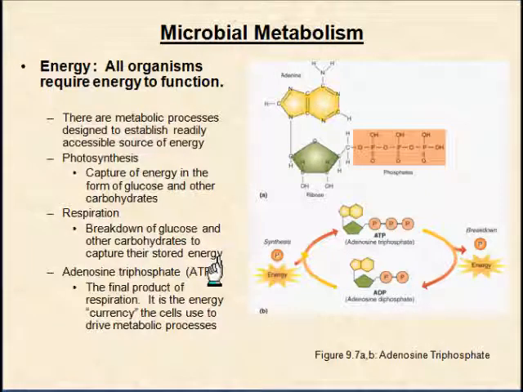And so when we're talking about this, we're talking about a heterotrophic type of lifestyle, where photosynthesis is autotrophic. The final product, regardless of photosynthesis, respiration, fermentation, the thing that is needed by organisms to function is adenosine triphosphate, and that is the currency of cells to drive other metabolic processes.